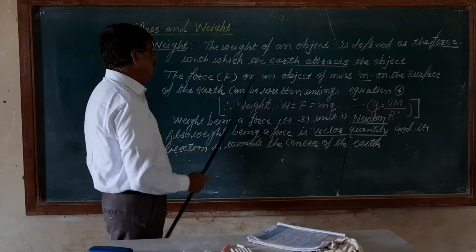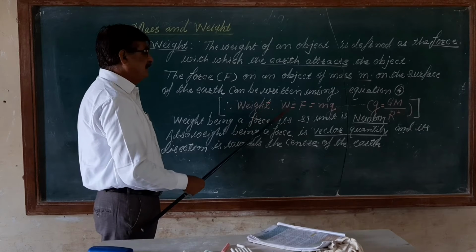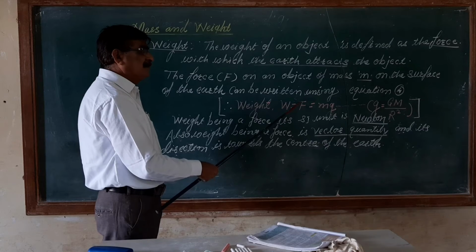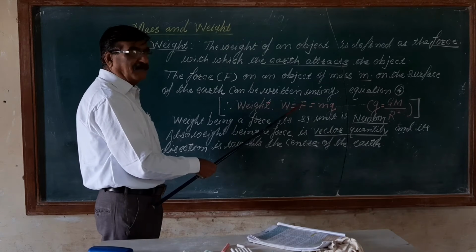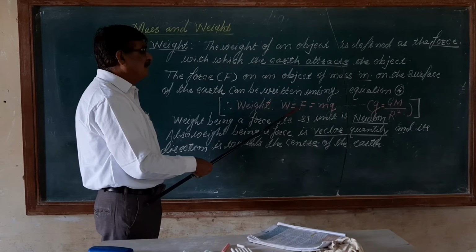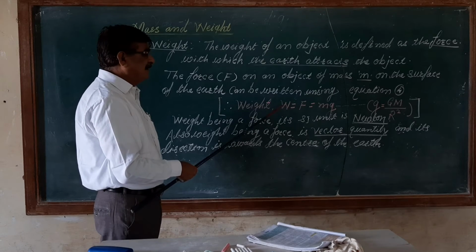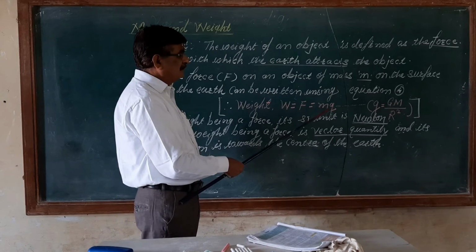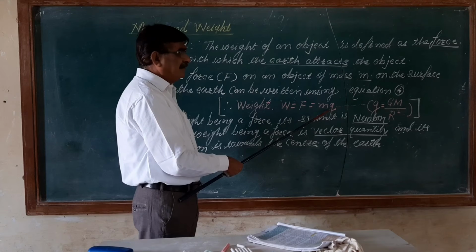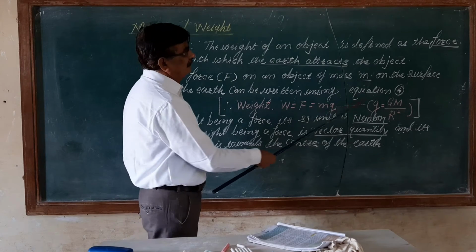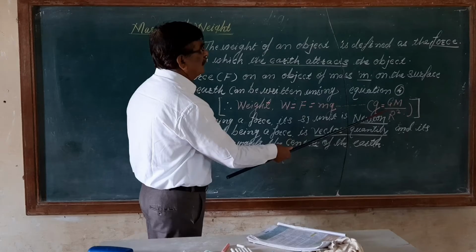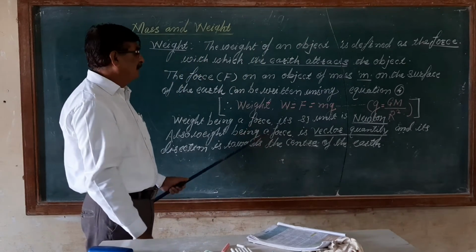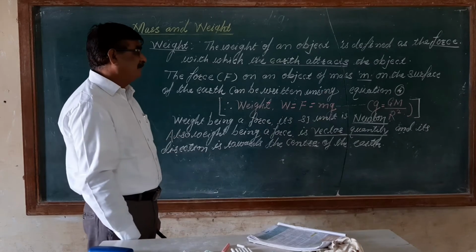Weight is denoted by W. It is one type of force, and due to that force the body has a weight, and that is F equal to mass into gravity, the gravitational acceleration of Earth. g is equal to GM upon R squared. Weight being a force, its SI unit is Newton.